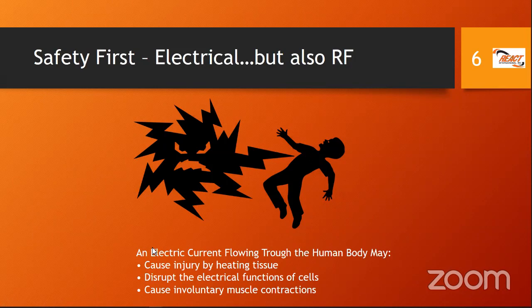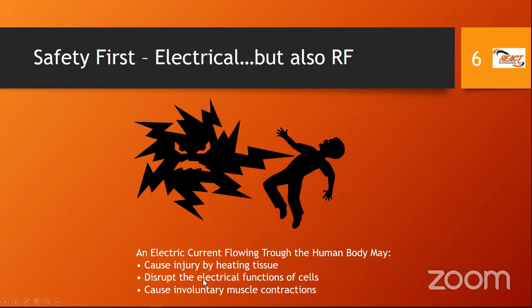Well, if an electric current were to pass through your body, the human body, there can be some pretty bad effects associated with that. For instance, one, you can get injured by the current flowing through the body, causing heating in the tissues.